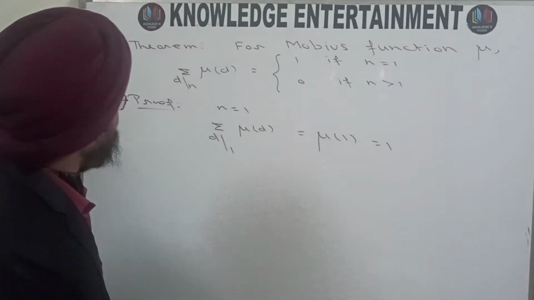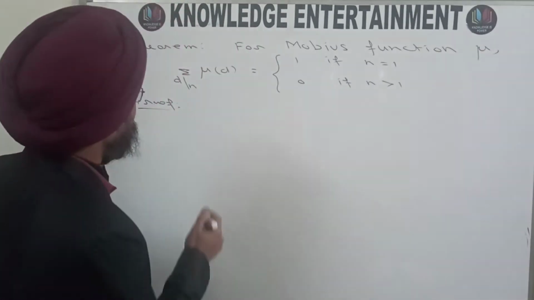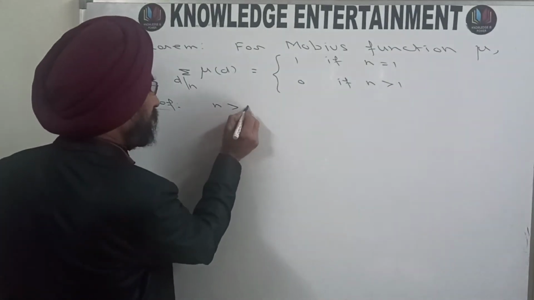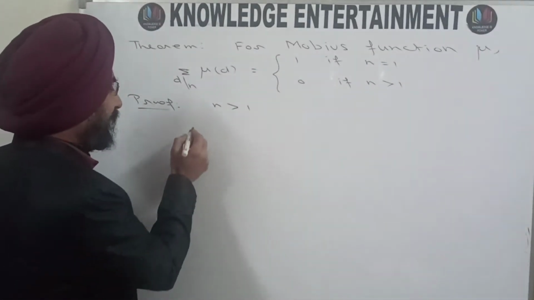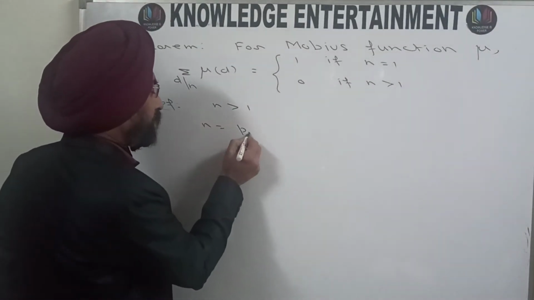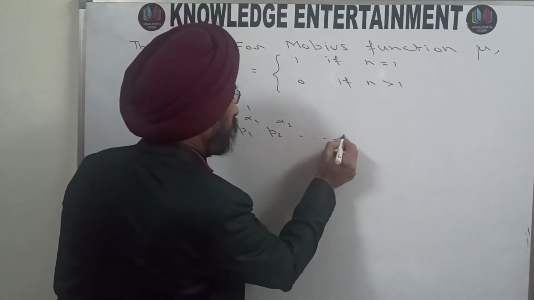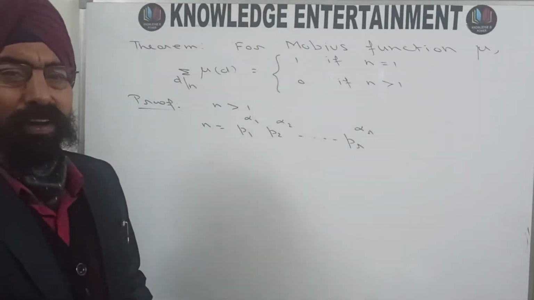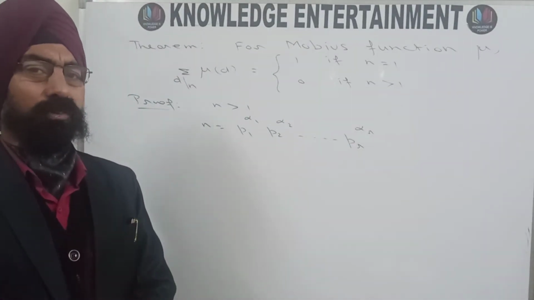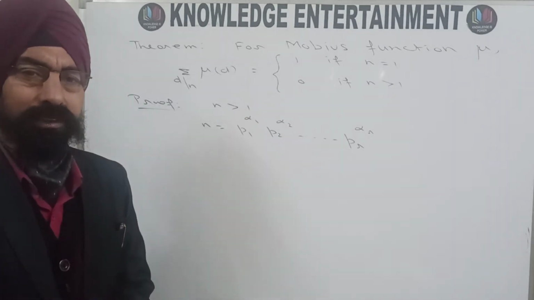The second part says that n is greater than 1. So let n be equal to p1 power alpha 1, p2 power alpha 2, and so on, pr power alpha r, be the canonical form of n by using the fundamental theorem of arithmetic, and it is a unique expression in which n can be expressed.